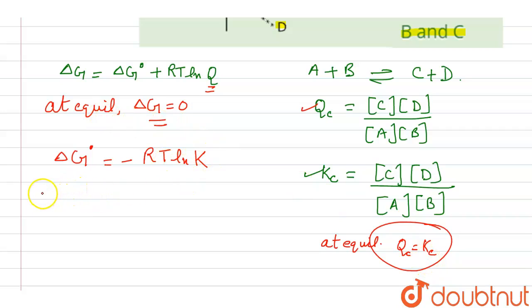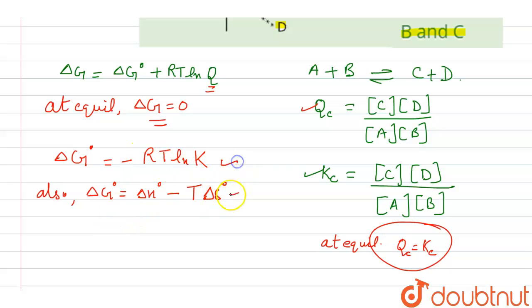Also we know that delta G naught is equals to delta H naught, that is change in enthalpy, minus T delta S naught, that is temperature times change in entropy, right?